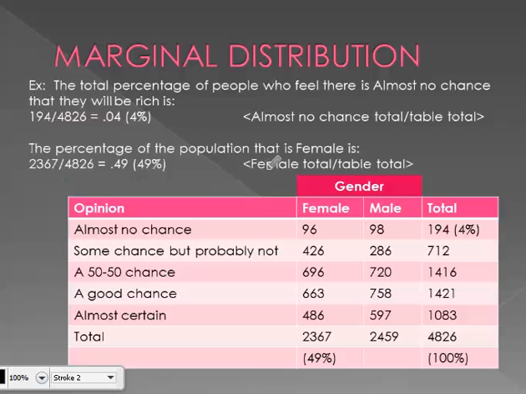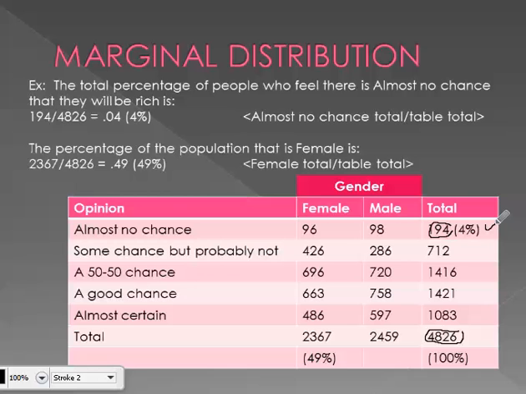So let's look at this. If I was looking at how many people said almost no chance, I would take 194 and divide it by 4,826, and that would give me 4%. So 4% of the people responded saying there was almost no chance.